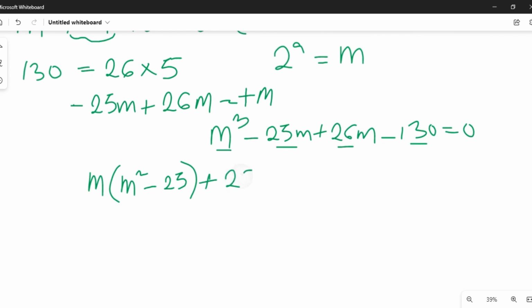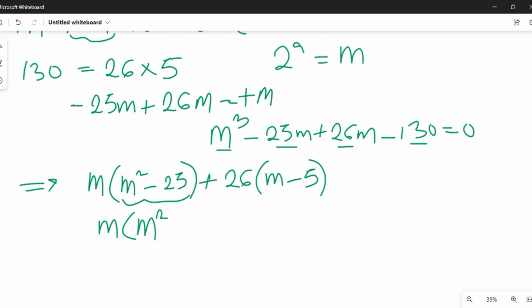We'll bring out 26, because 26 is also a factor of 130, and that will be into bracket m minus 5, because 26 times 5 will give us 130. So we have m into bracket m squared minus 5 squared, plus 26 into bracket m minus 5.